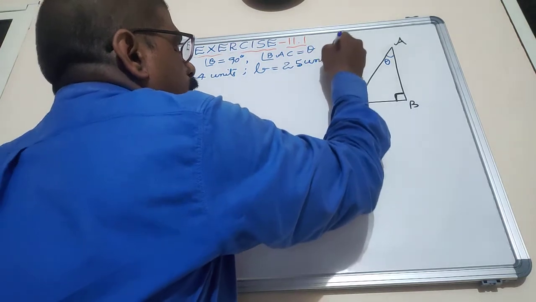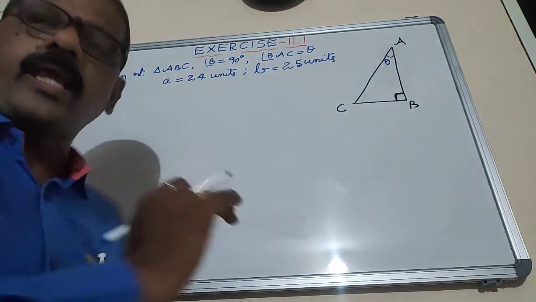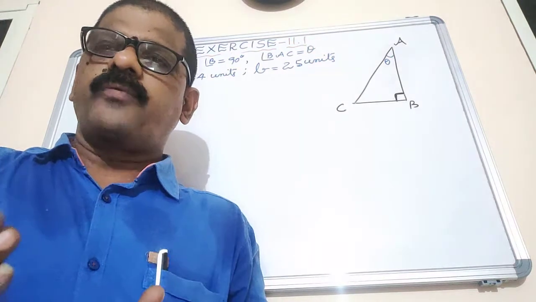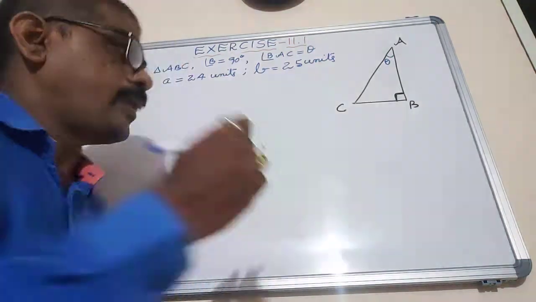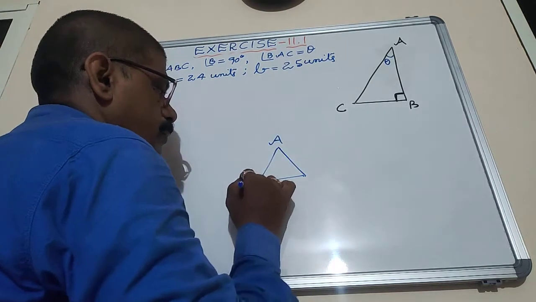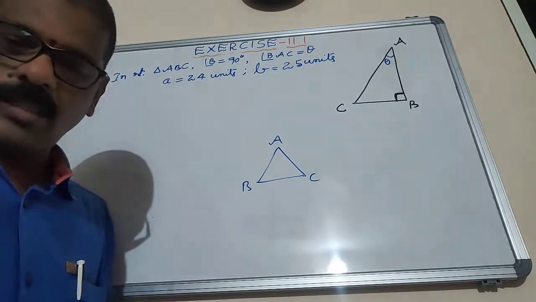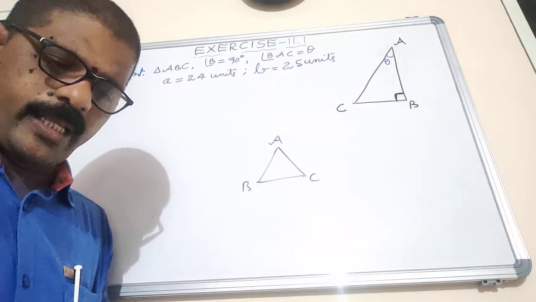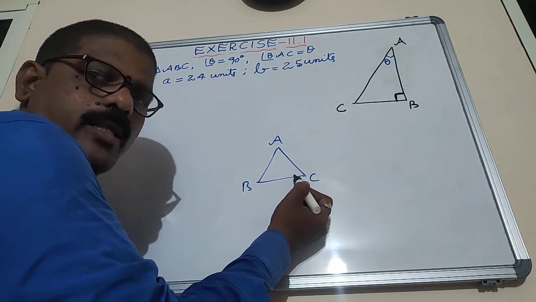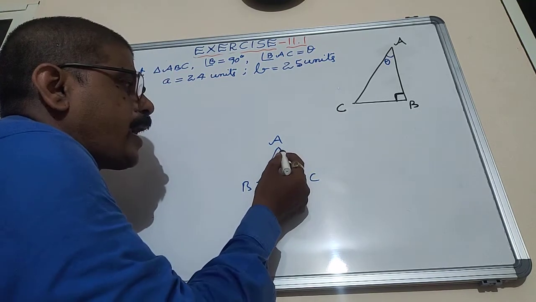25 units. According to properties of triangles, let this be triangle ABC, with angle A, angle B, angle C. What is the opposite side to angle A?